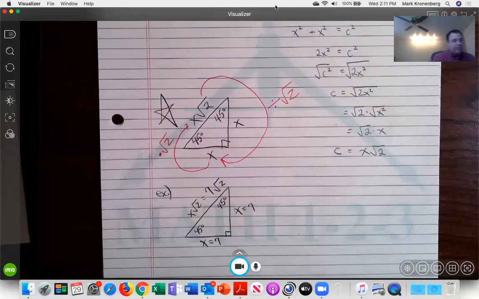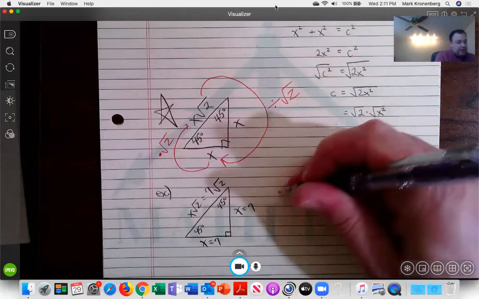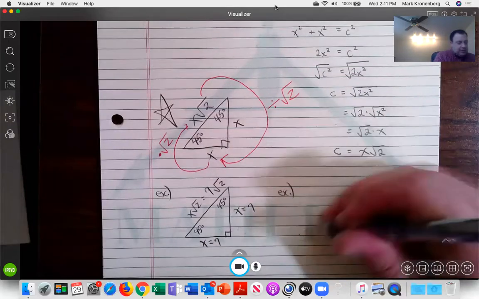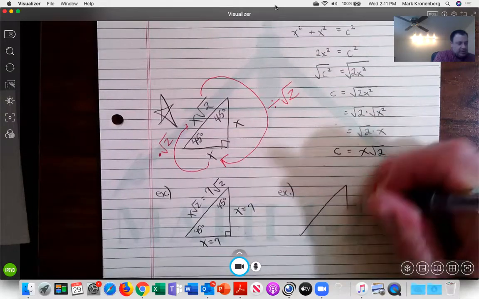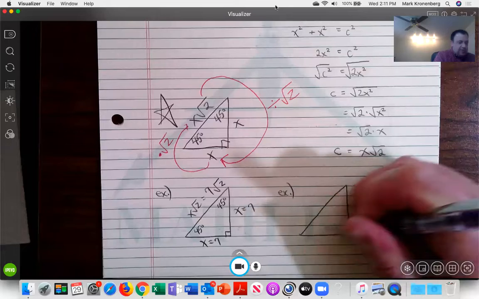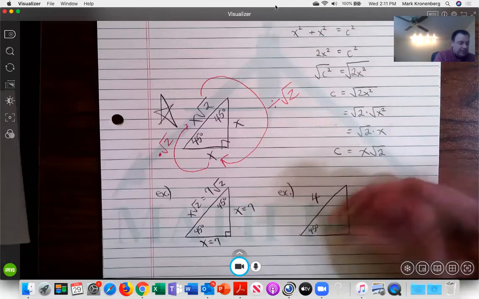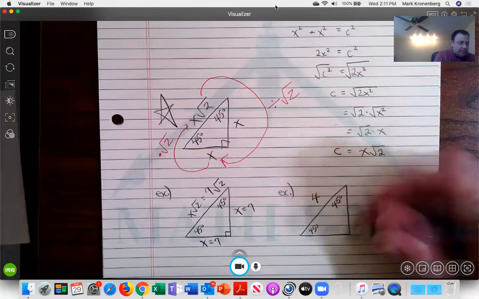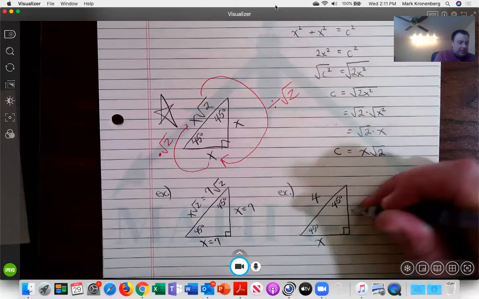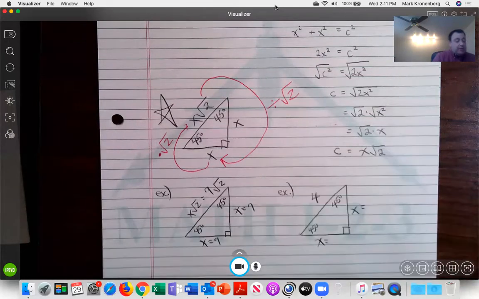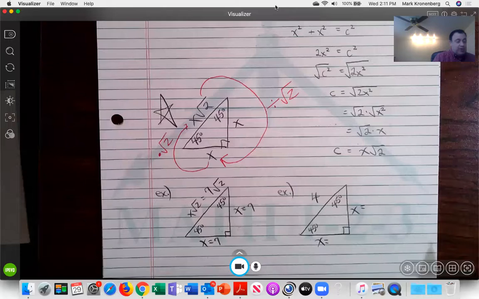So let's take a look. Let's say I told you this side is 4. Now, knowing that it's a 45-45-90 triangle, how do we go backwards and find out what is the length of each leg? Now, you could use Pythagorean theorem, but it's much quicker to use this pattern.